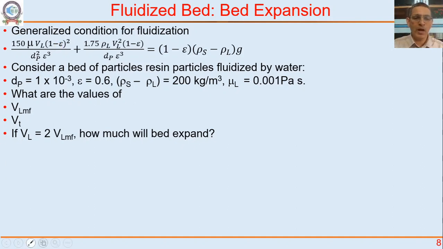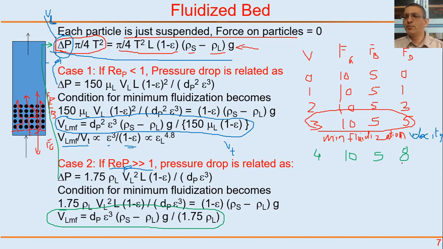So if you plot delta P across the bed versus superficial velocity, you find an increase following the Ergun equation until the minimum fluidization velocity is reached. Beyond minimum fluidization, the bed has expanded. Why has it expanded? Because the drag force is more.